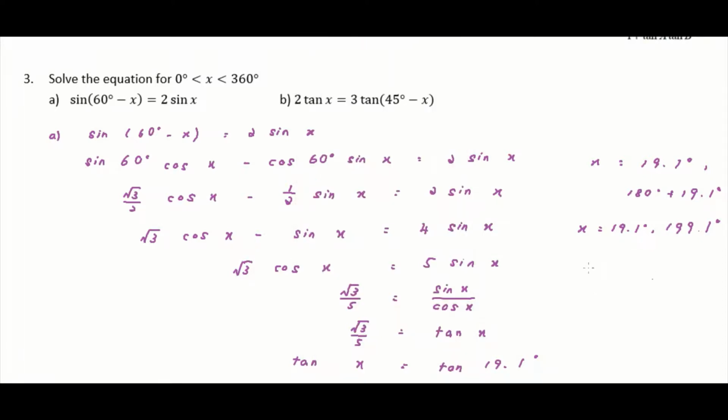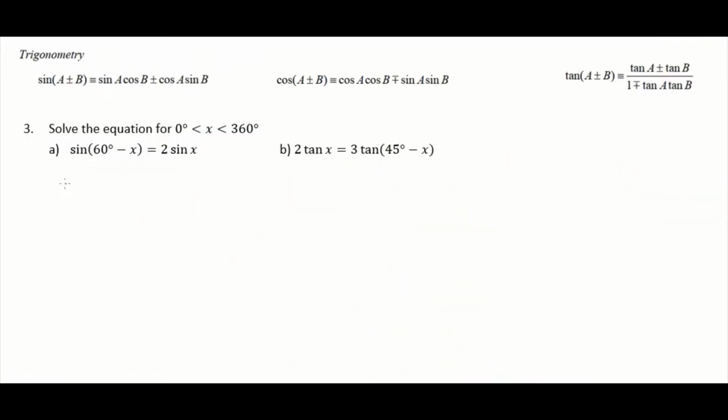Okay, so let's see the second one, B. 2 tangent x equals 3 tangent(45 minus x). When you look at this question, it's the same thing, it's just about substitution. So 2 tangent x equals 3 tangent(45 minus x), so you can expand it using the formula here.